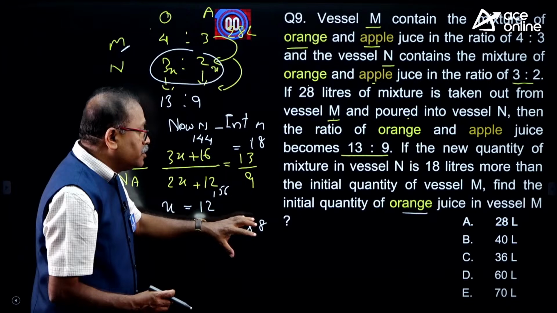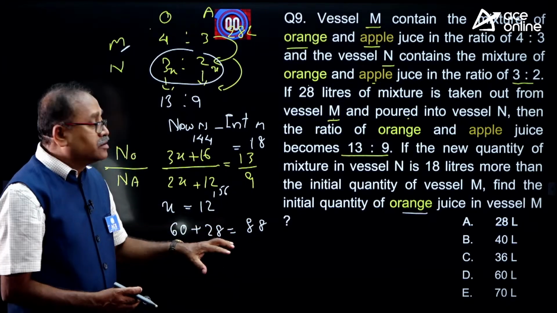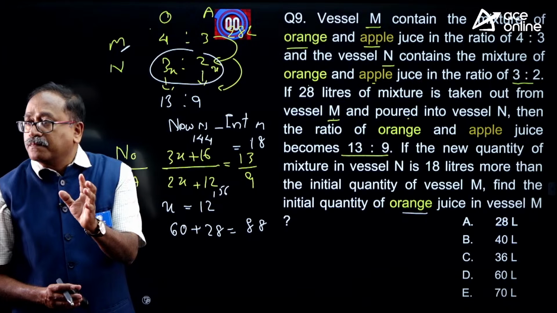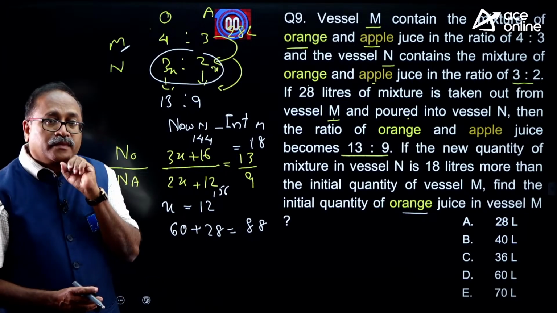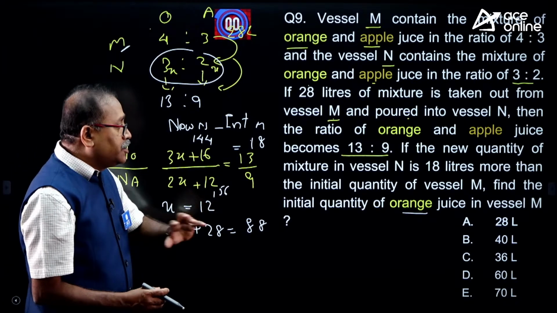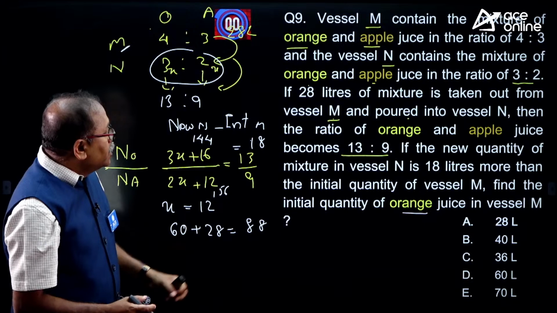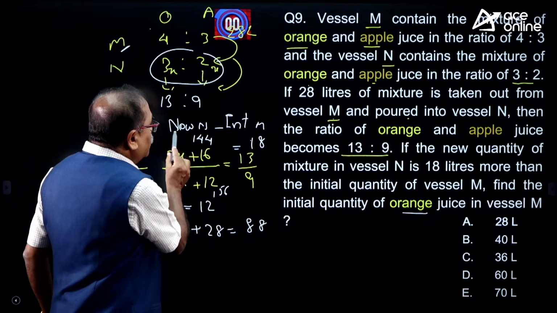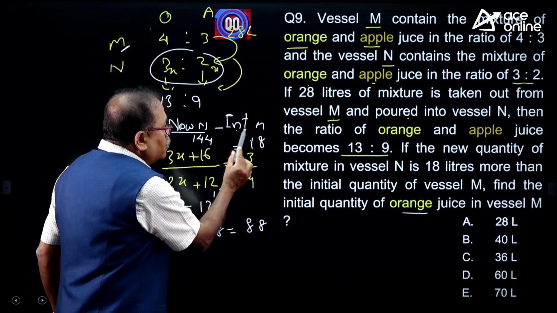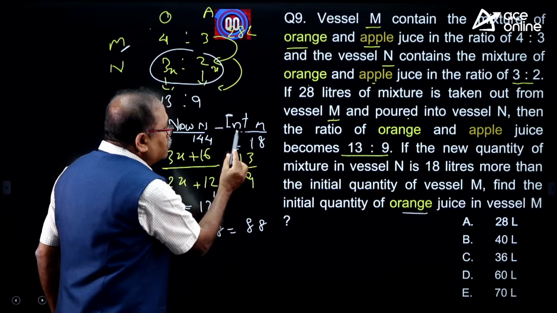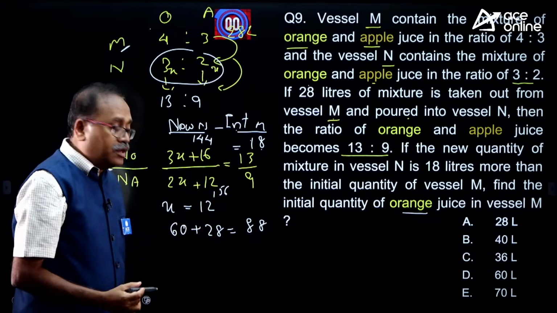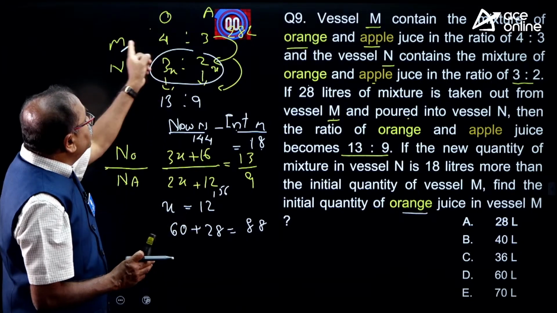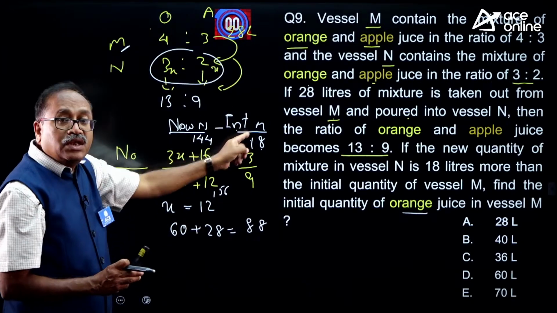From 88, how much should I subtract in order to get the M quantity? It is said that the difference between the new N and the initial value of M is 18. So if I take out the 18, I will be getting the M initial value.